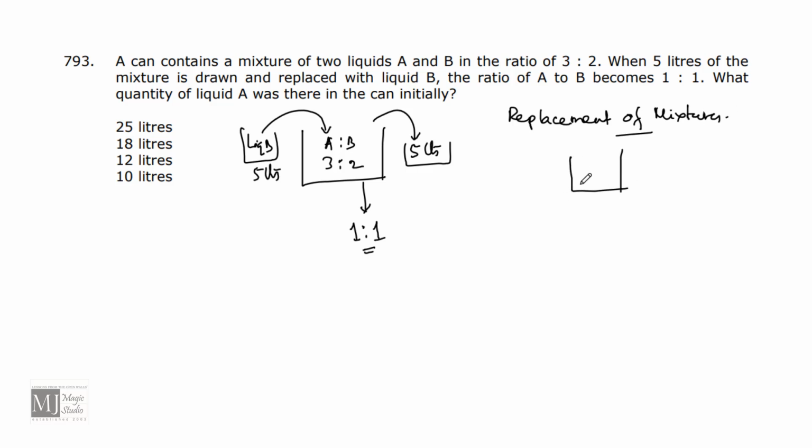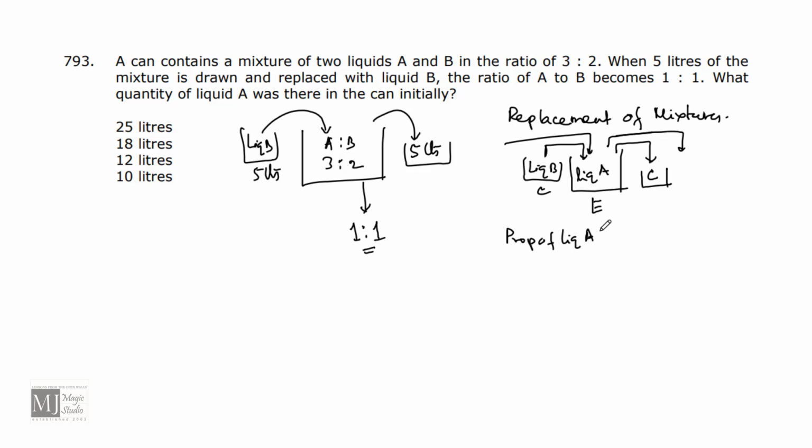Suppose we have a can filled with liquid A, the capacity of the can is E. With the small container C, we take out liquid A and add liquid B to it, and we keep repeating this process, taking out the mixture and adding liquid B. Then after n times, the proportion of liquid A left by the proportion of liquid A in the beginning equals (1 minus C by E) to the power n.